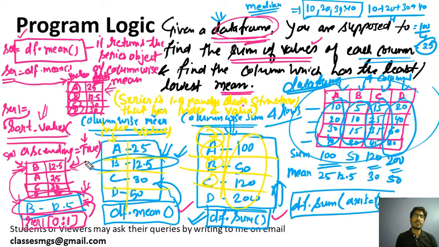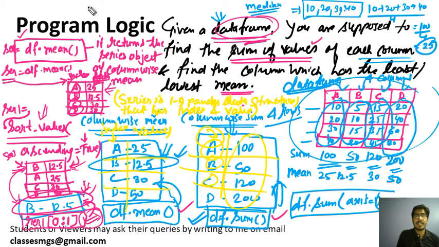As you know, after sorting a series object in ascending order, the lowest value will be on the top, because it contains the column name and its mean, so the lowest mean column will be on the top, and if you access it using series slicing, you can very easily access it and print it. Okay, so you should know how to do the slicing.